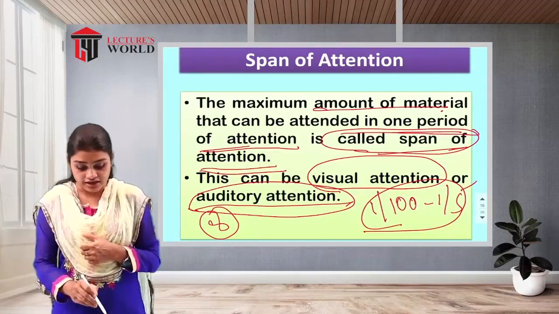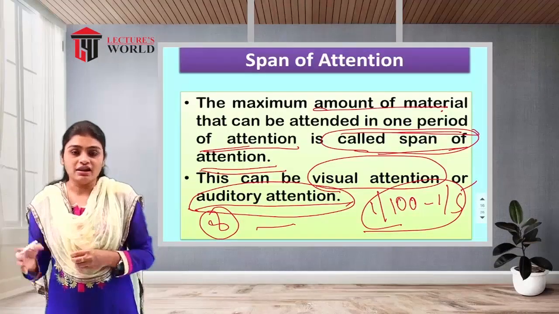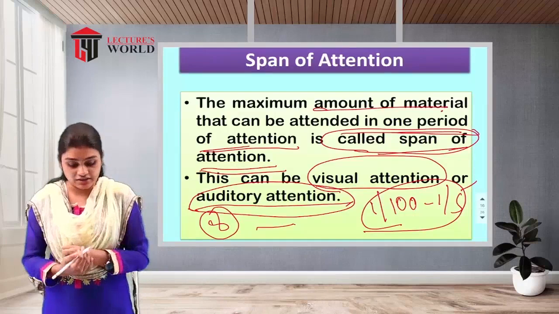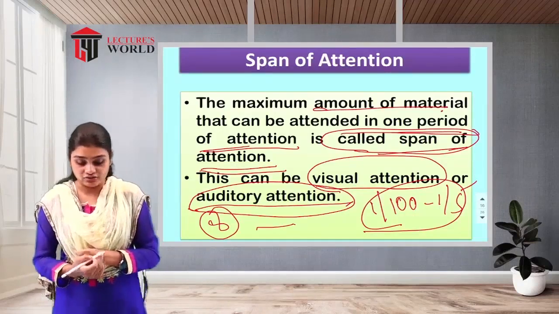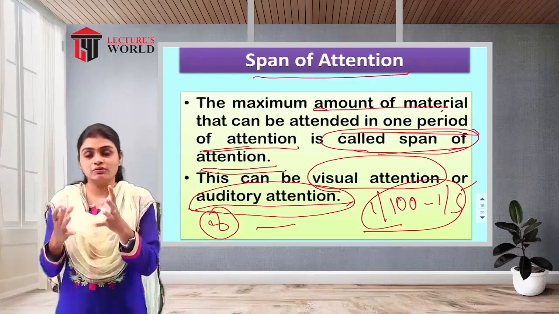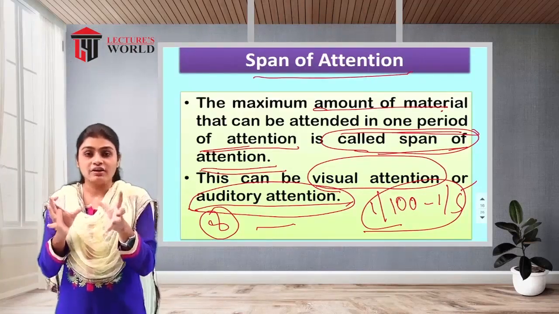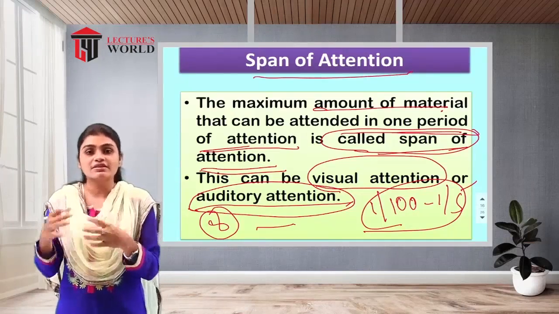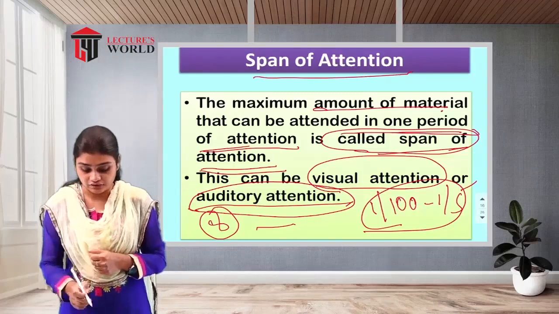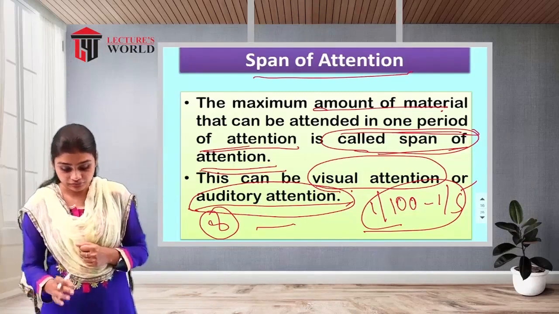If those statements are told in a rhythmic manner, then we will be able to memorize more than 8. That is called auditory attention. So that is the span of attention: how much minimum material we need, and the maximum material we can memorize for a longer period of time. We have visual and auditory attention.